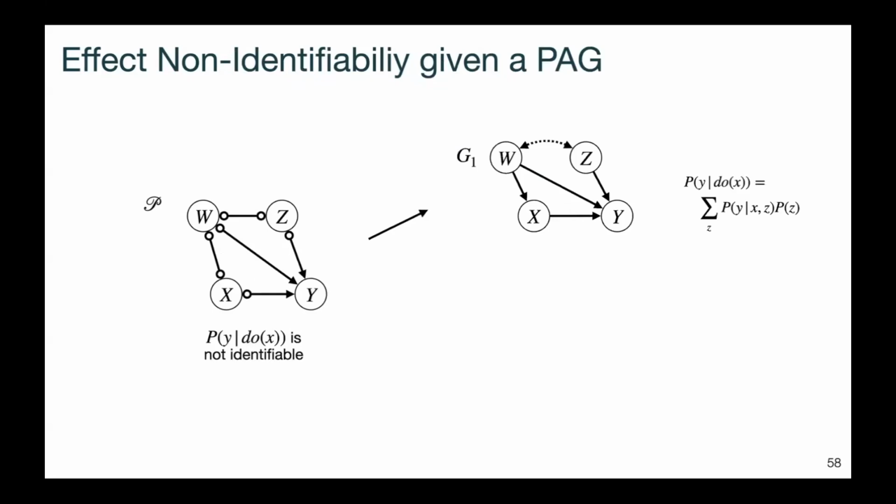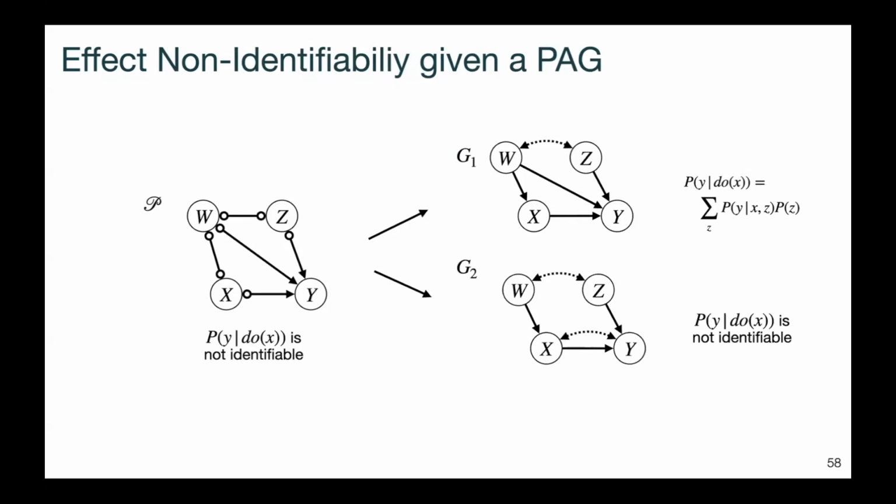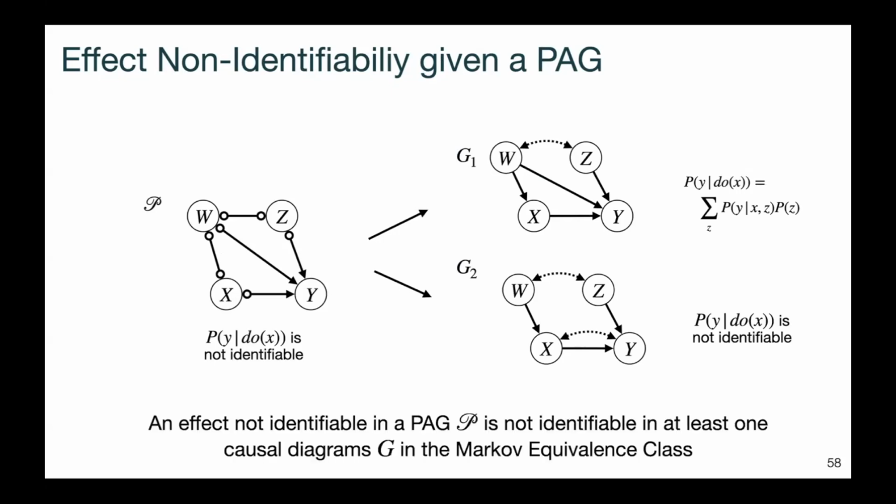So you could have cases where the effect is identifiable, but if there exists any other graph where either the effect is not identifiable or is identifiable through a different expression, you would have no identifiability, right? So this is an example where you could construct this case and then you don't have a way to do adjustment anymore. So you have no identifiability there.